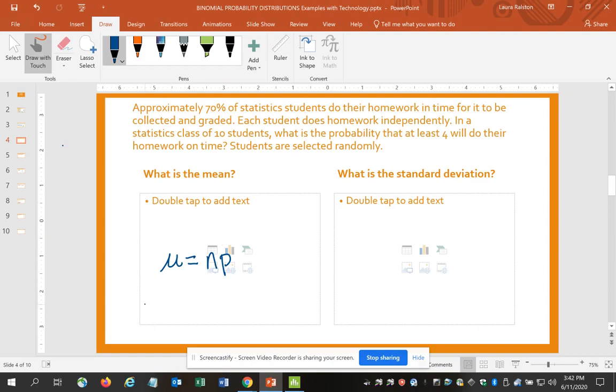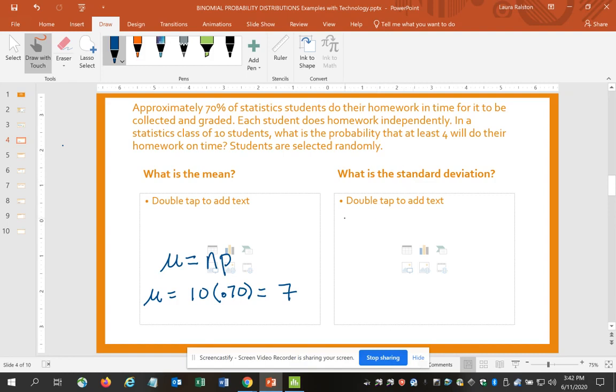So in this scenario, that means I would have 10 times 0.70, which would be 7. So we should expect 7 students to do their homework on time for it to be graded and collected.